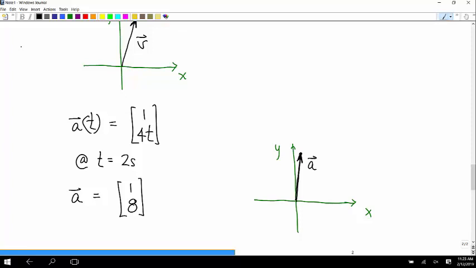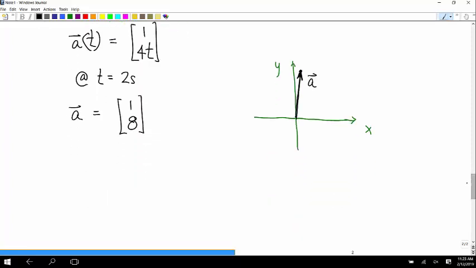Okay, so now what can we say about the, so let me draw these two together. So here's the velocity vector. Here's the acceleration vector.